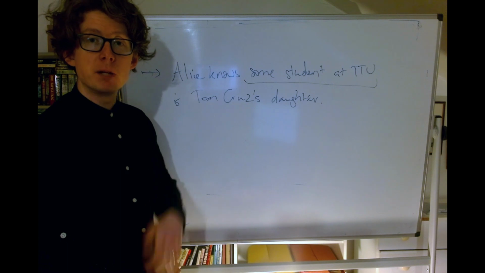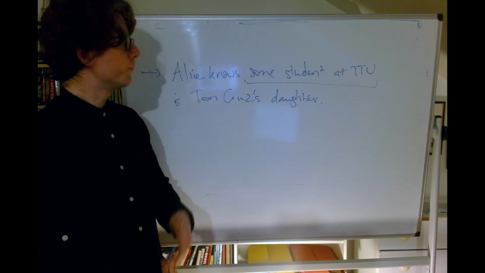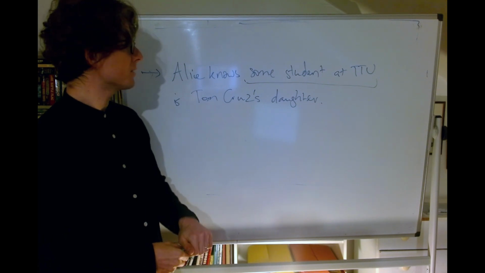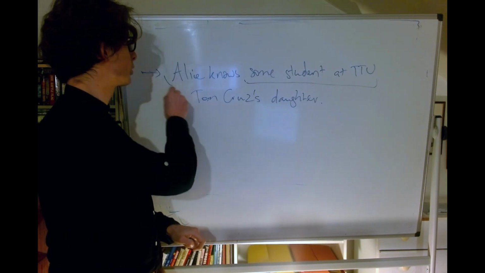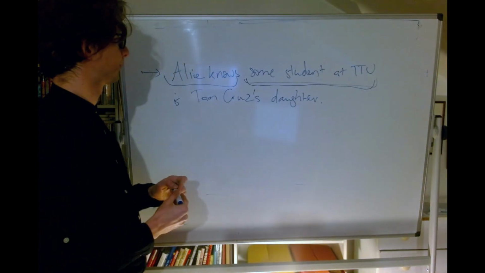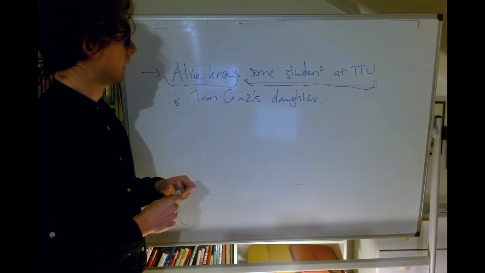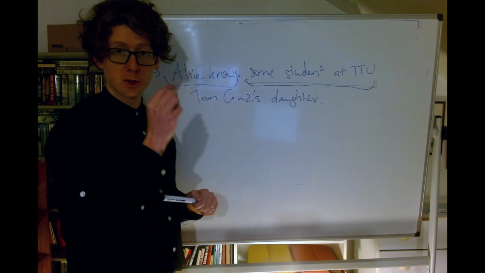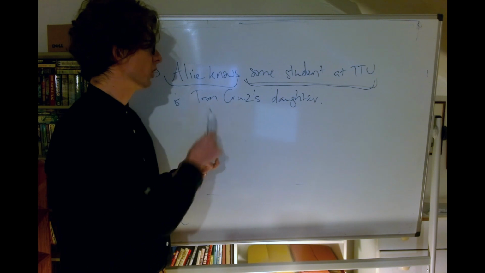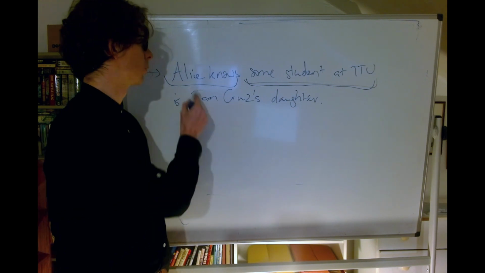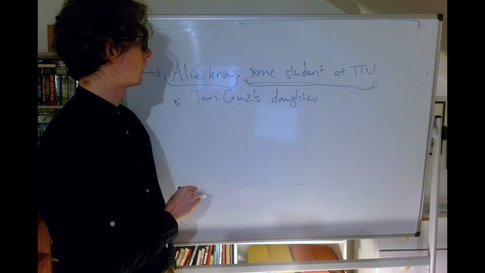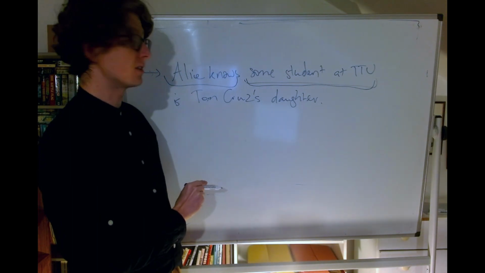And the reason why people call it a scope ambiguity is because intuitively it seems like it has something to do with the kind of order in which we're understanding these two expressions to come. Let's think about the understanding where Alice is thinking about a particular person. Another, and perhaps a slightly more clear way of saying that would be to say, well, there's some student at TTU who Alice knows is Tom Cruise's daughter.